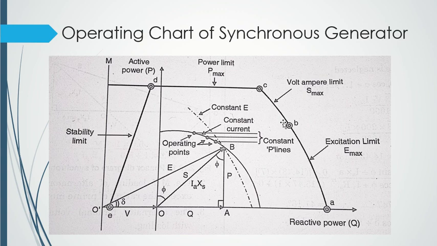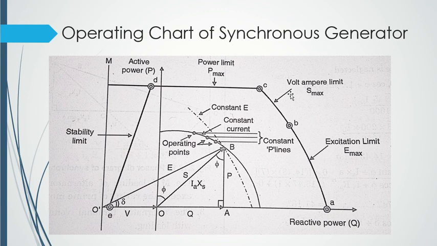This region is a volt-ampere limit region. The MVA limit will be 3 into VP into IP, right? And IP will be the maximum permissible current.